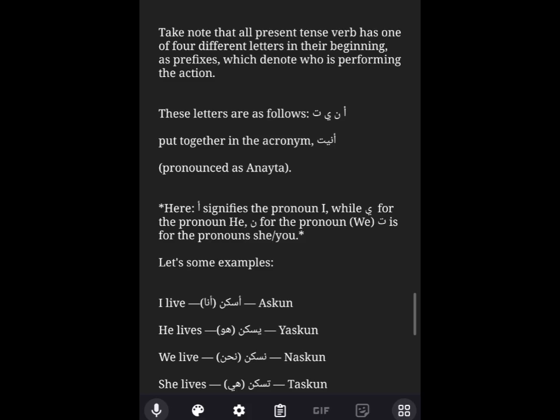The ta is referring to she or you. When used with a verb, it could refer to she, the third person feminine, and it could refer to second person masculine, and of course second person feminine. Now let's look at some examples here.